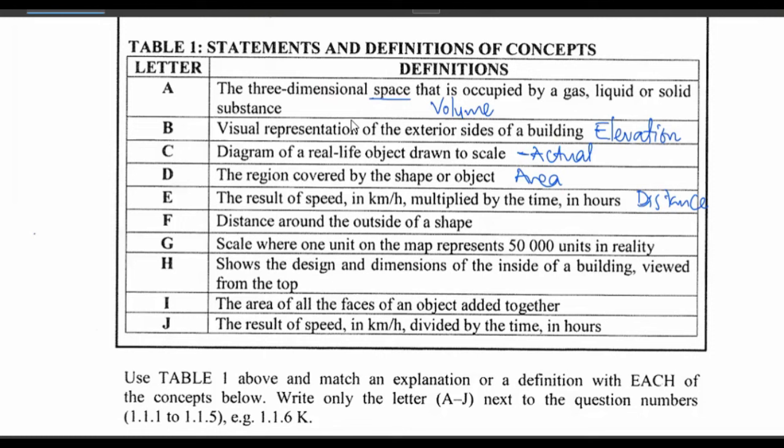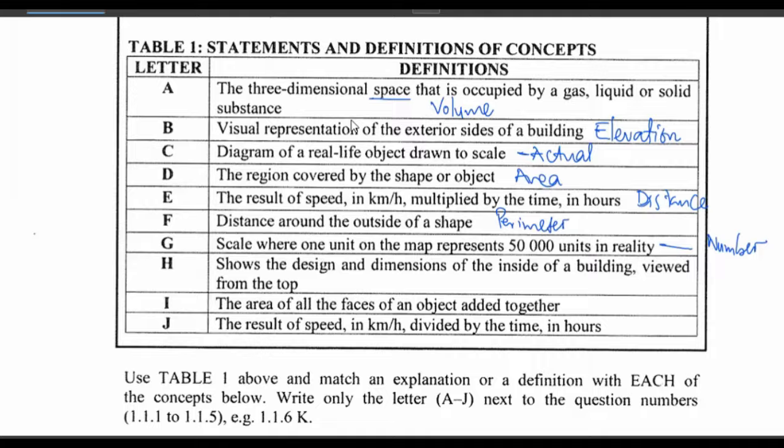Distance equals speed times time. The distance around a given shape we call perimeter or circumference. Then a scale where 1 unit on the map represents 5,000 we call a ratio scale or a number scale.